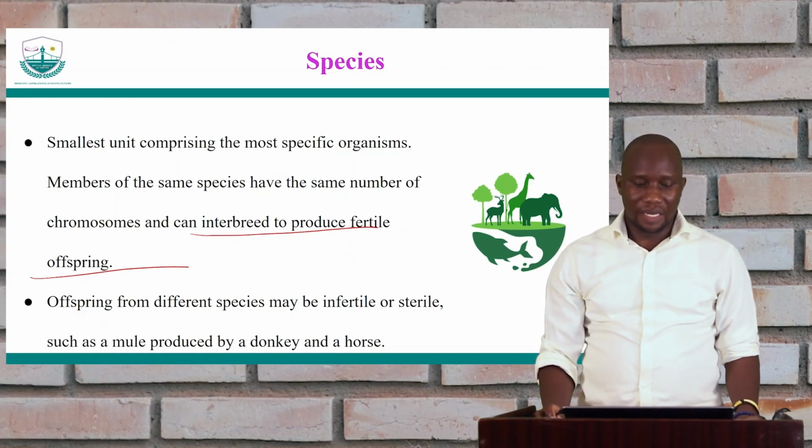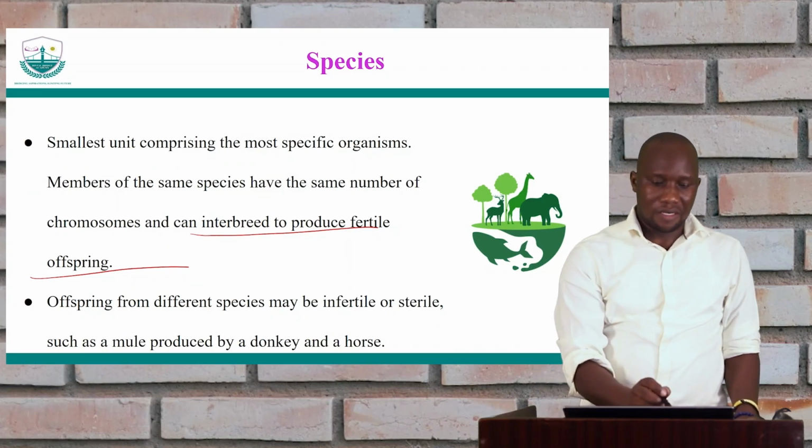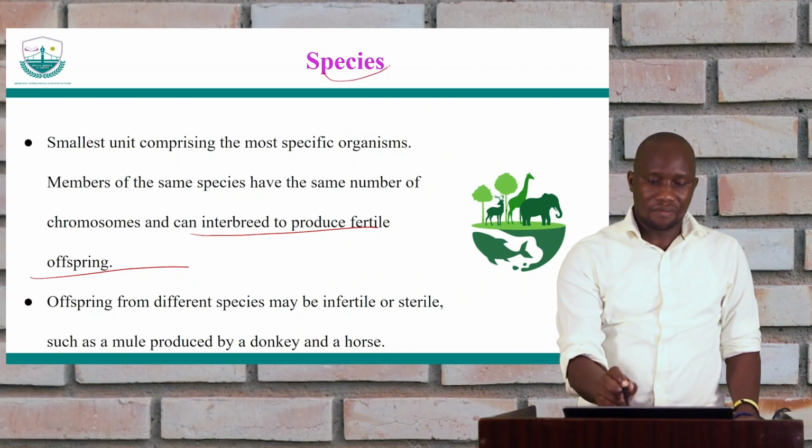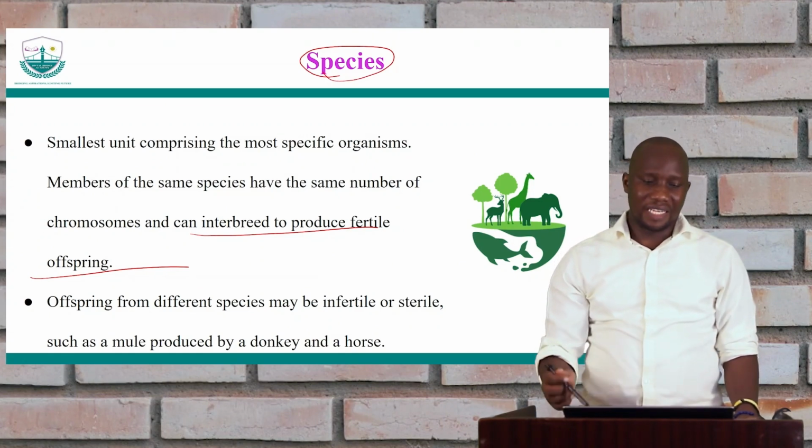Organisms that can interbreed and produce viable offspring belong to the same species. Why is that so? You will learn that later on.